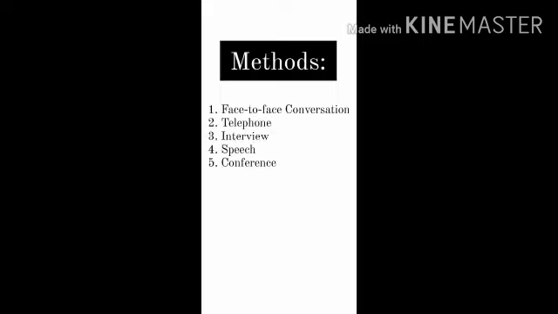Spoken or oral communication refers to transmission of messages through spoken words. It involves both speaking and listening. Spoken communication may take place through face-to-face communication and through mechanical devices such as telephone, loudspeaker, mobile, etc.